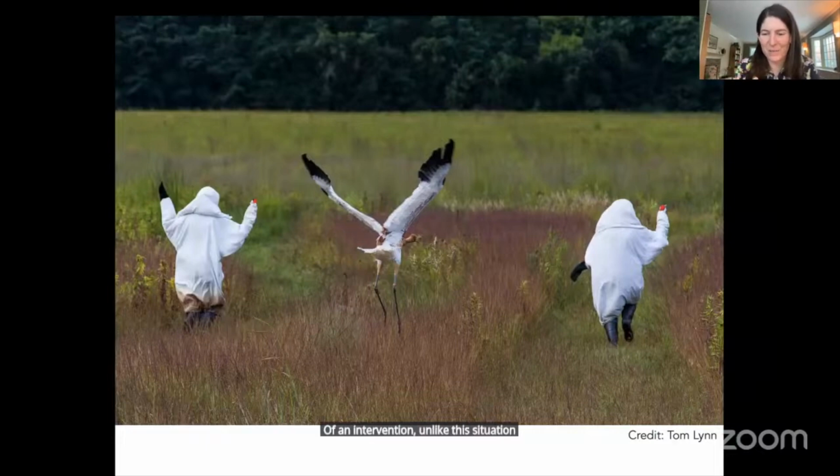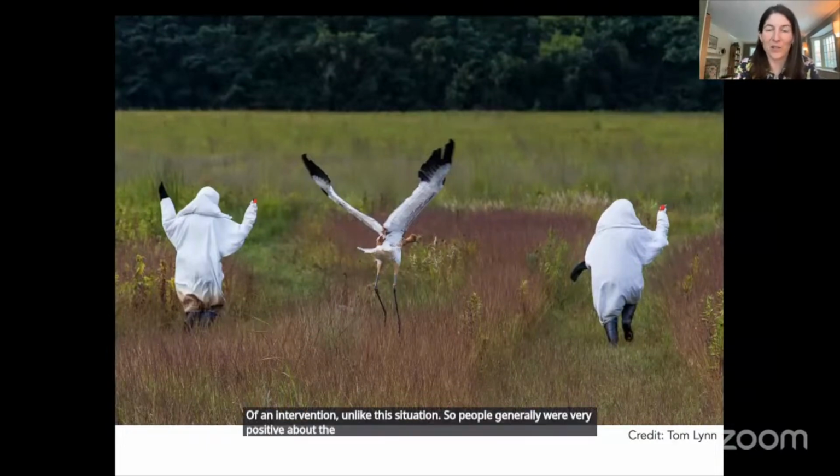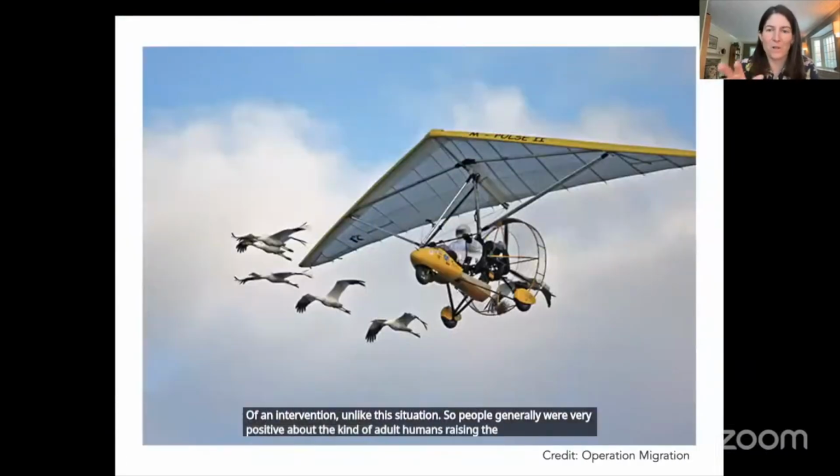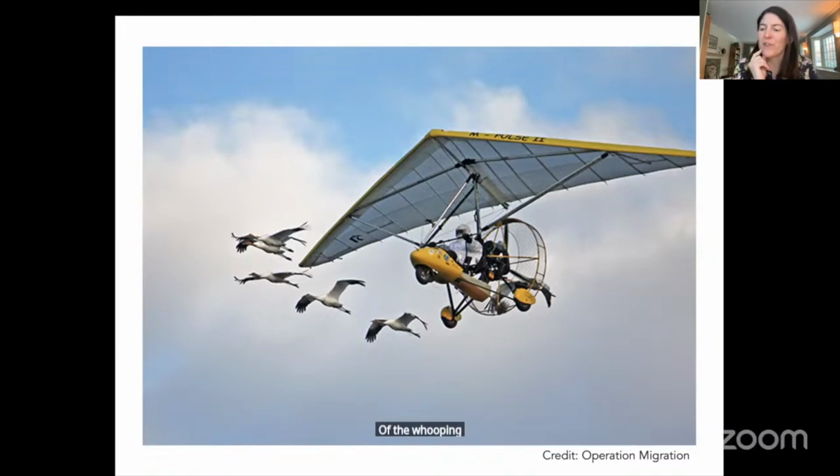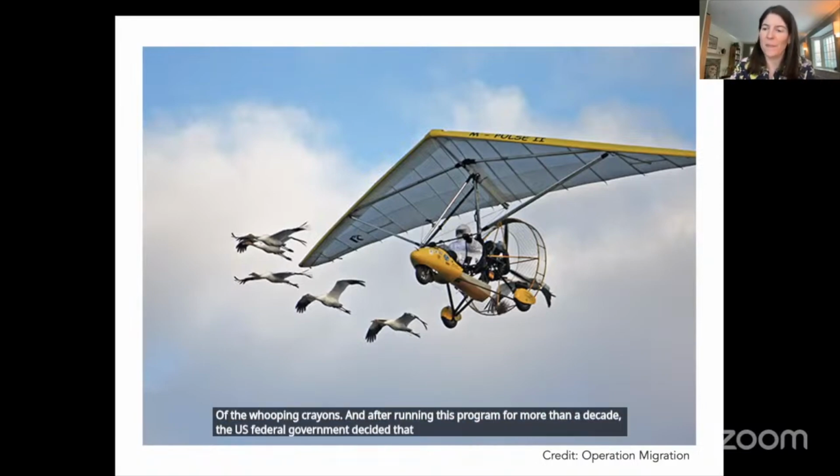So people generally were very positive about adult humans raising the whooping cranes, but then once the technology of air flight was involved, people felt that it was destroying the wildness of the whooping cranes. And after running this program for more than a decade, the US federal government decided that using aircraft for whooping crane restoration was too artificial, and they disbanded the program.